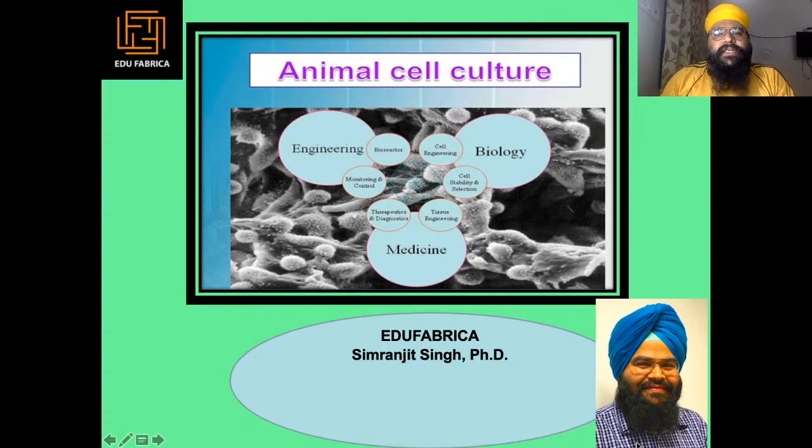Aseptic conditions have to be maintained: 75% ethanol, gloves covered, a lab coat over you. No cell phones in the cell culture room, just concentrate on your work. No spilling or spreading of your media over the hood, and no mycoplasma infection of your cell culture. That's the main idea of how animal cell culture works.